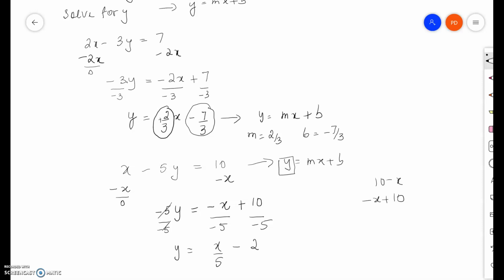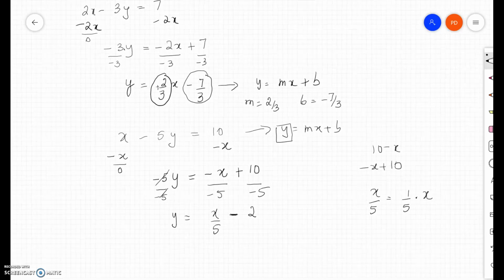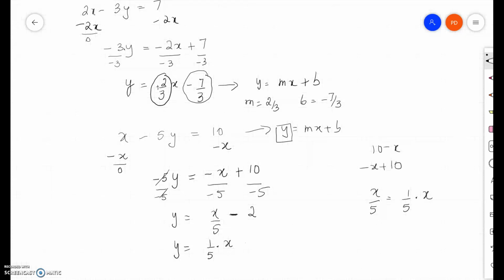So 5 goes 2 times into 10, and then there's a negative sign, so that's negative 2. Now x over 5 is the same as 1/5 times x. The reason why we separate it and write it as 1/5 times x is so we can identify the slope easily.